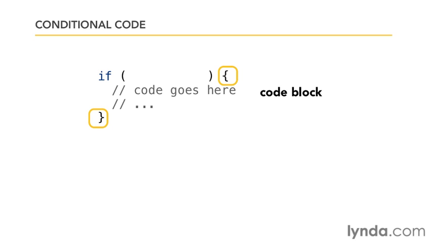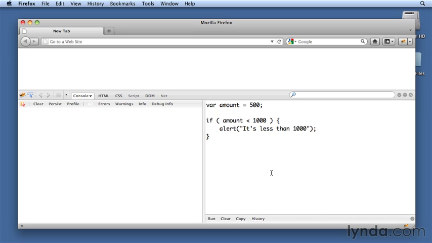Now, a quick word about curly braces. When reading other people's code, you're likely to see them occur in a couple of different styles. I'm jumping across to Firefox with Firebug here, where I have my little JavaScript window open, and I'm declaring a variable called amount and setting it equal to 500, and then I have my if statement here. If amount is less than 1,000, that needs to be either true or false, then we'll execute whatever is between the opening and closing curly braces. Now, the opening curly brace right now is right after the condition, and that's probably the classic way that you'll see these for C and C++ programmers.